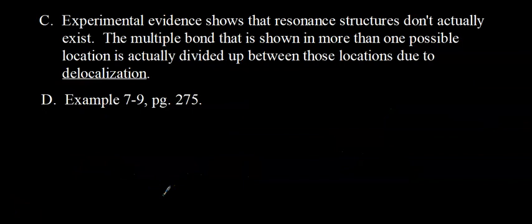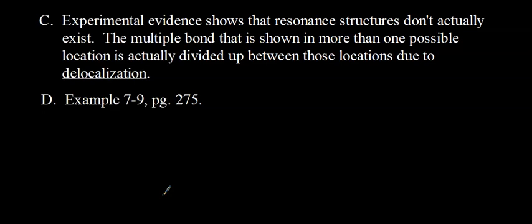So again, if one of those Lewis structures was correct, that would mean that there are 2 different bond lengths in that molecule, because double bonds are shorter than single bonds. That's not the case. The bond lengths are the same. So how is that possible? Experimental evidence shows that resonance structures don't actually exist. The multiple bond that is shown in more than one possible location is actually divided up between those locations due to something called delocalization.